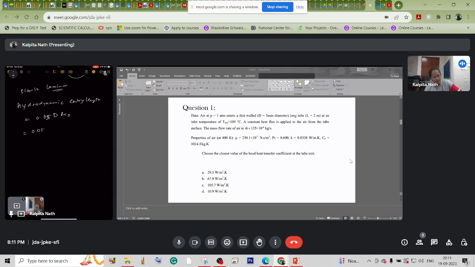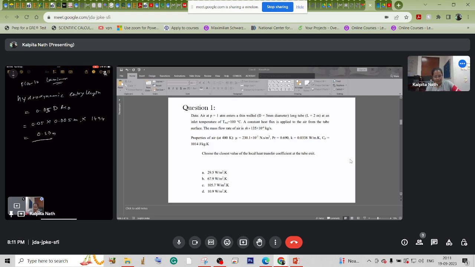So this is 0.05 into diameter, which is given as 0.005 meter, that is 5 mm, right? This into 1494, the Reynolds number. So this will come out to be 0.37 meter.